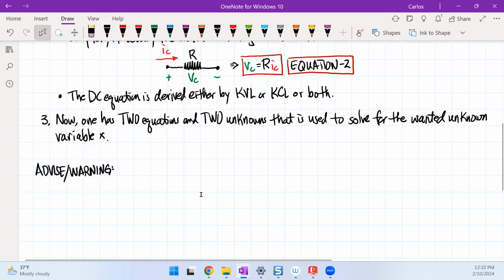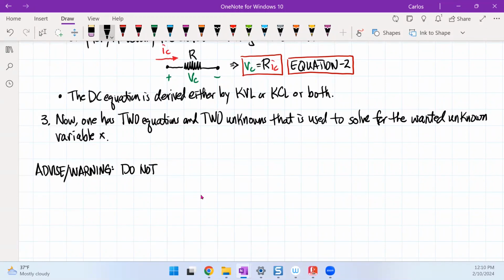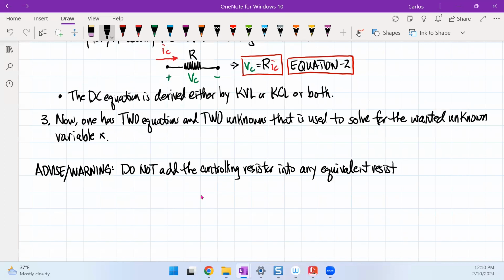Do not add the controlling resistor into any equivalent resistances.